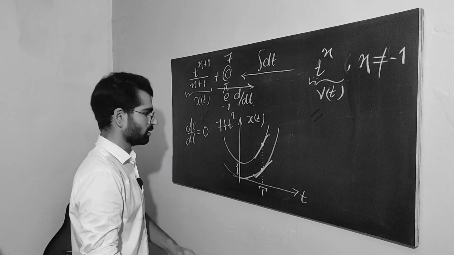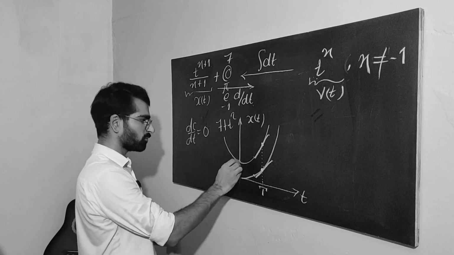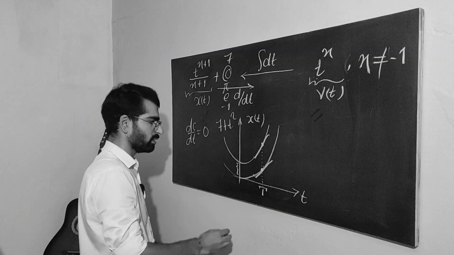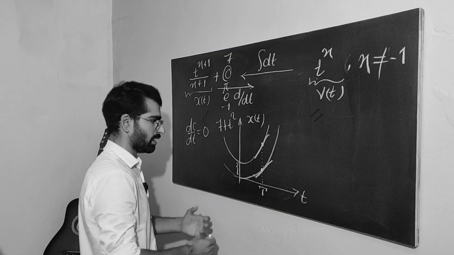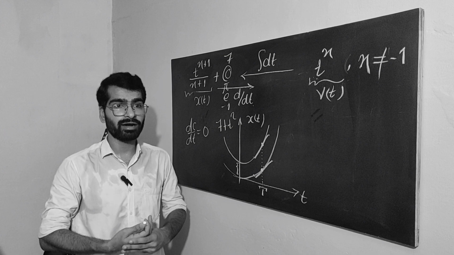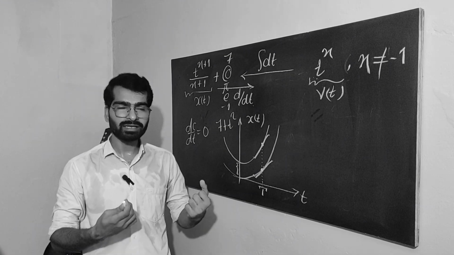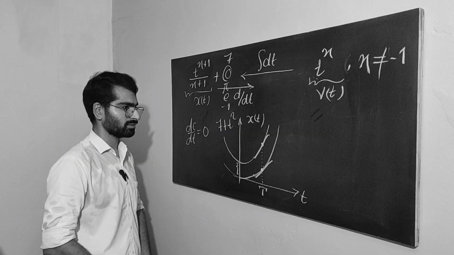Or you can say this function represents your friend's car that starts from here, and this is your car, and both the cars have the same behavior. Both the cars going to have the same speeds along the way, right?